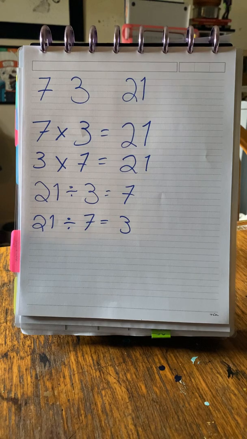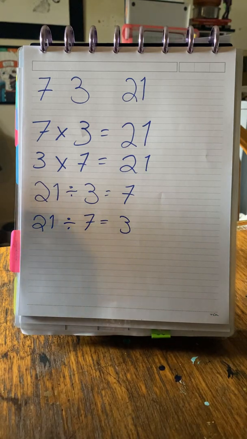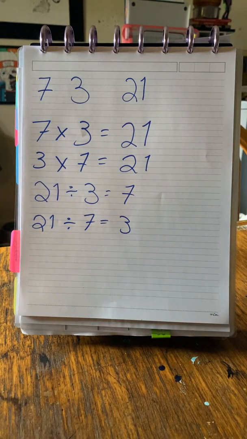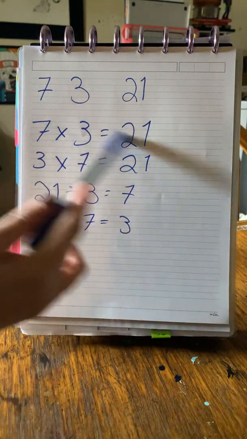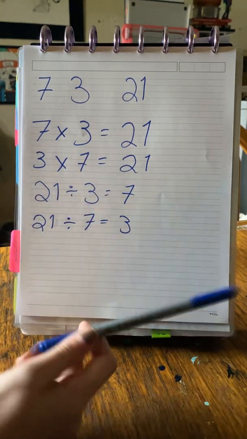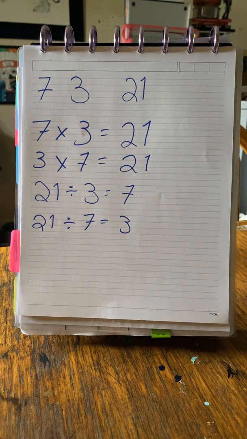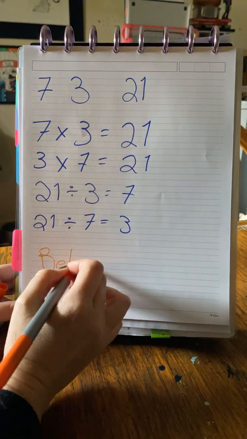All right. This goes into our other term of related facts. Fact families are related facts. They are facts, math facts, and in this case multiplication and division facts, that use the same numbers. So these are also our related facts. So think of related like a family.